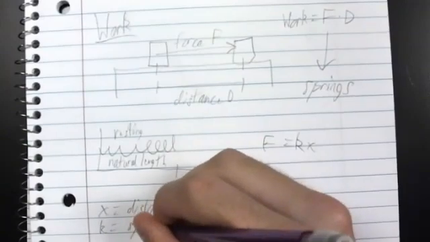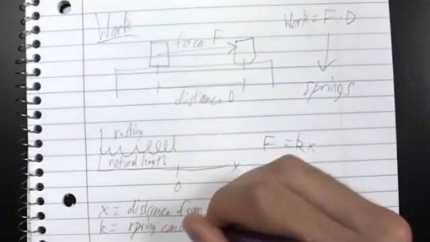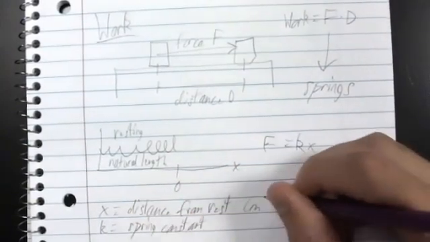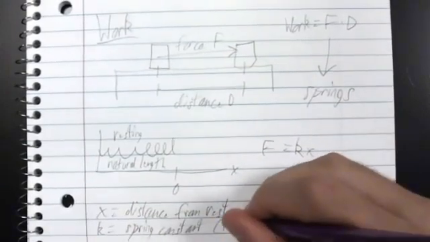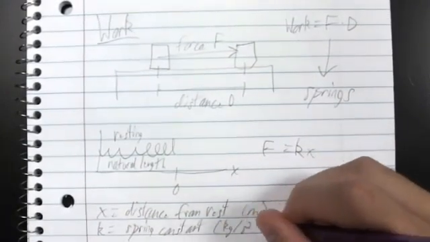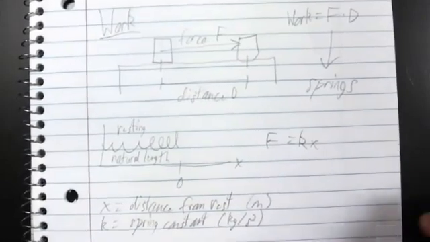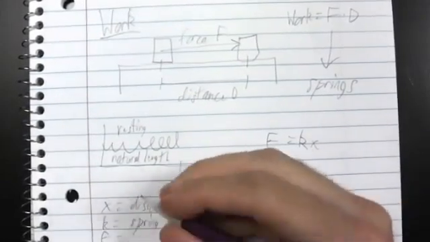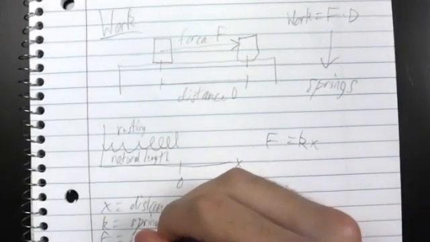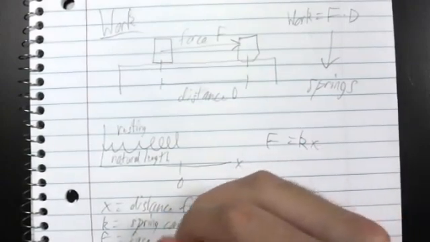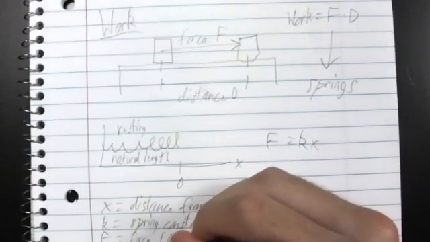k is the spring constant. x is in meters. k is in kilograms per second squared, but I don't think you really need to worry about that too much. F is force, in newtons.